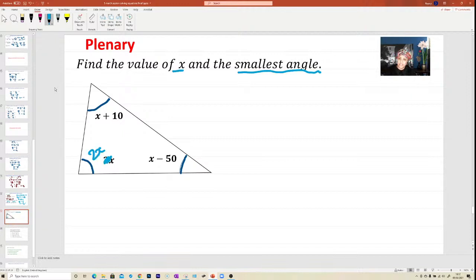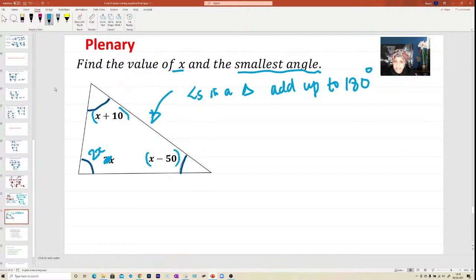Right, okay, I'm going to go over this question with you guys. So we have a triangle here and angles in a triangle, I'm going to write in short, add up to 180 degrees, okay? So if we add all these angles, we have to get 180 degrees.